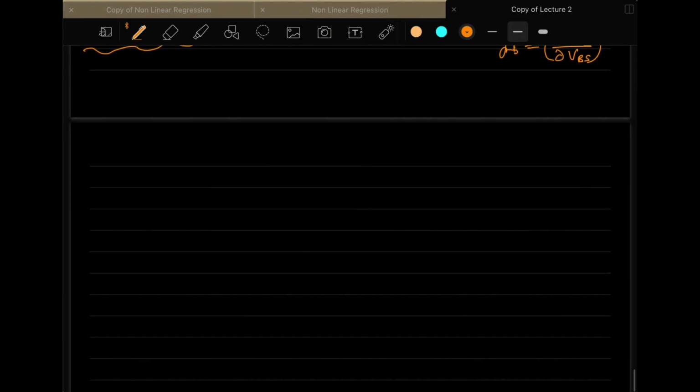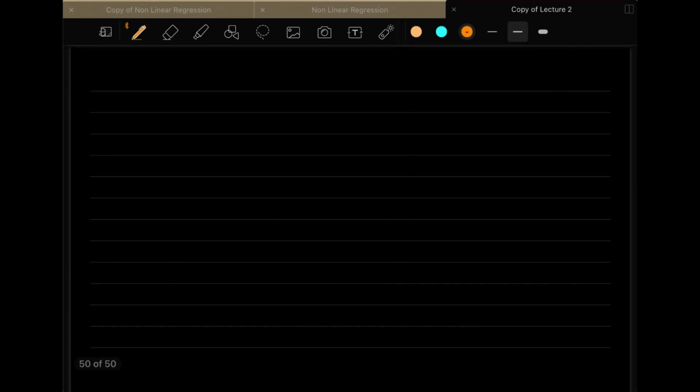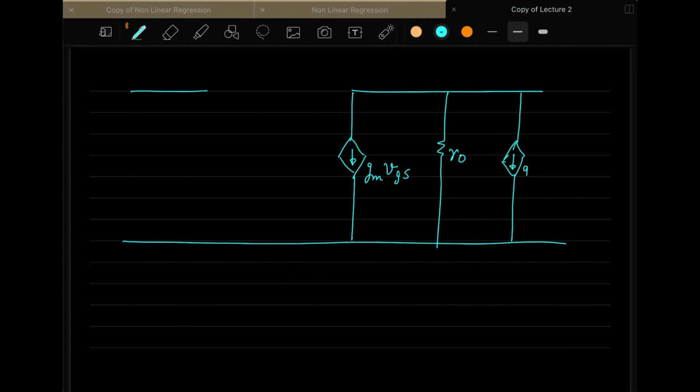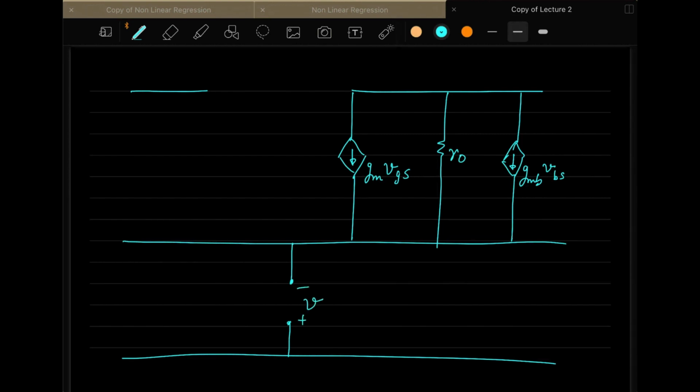Okay, if you have understood this, then the complete model will be like this. You draw this current source here. This is GM VGS. Then we have RO here, and then we have GMB VBS here, and then VBS.